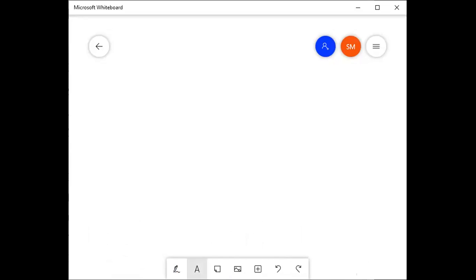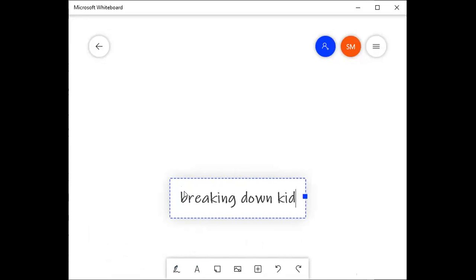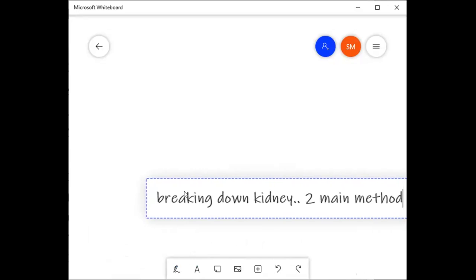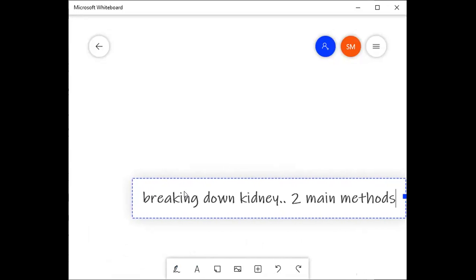Now, what we have over here is breaking down of the kidney stones, and this is done by two main methods. And what are these two main methods?